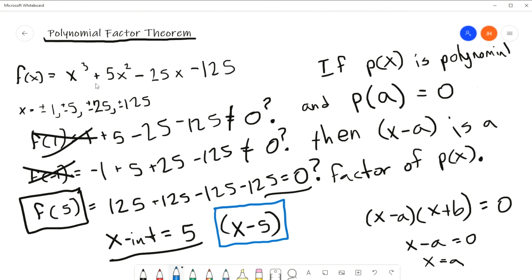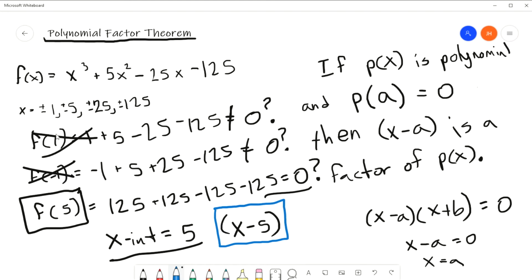So what's happened here, y'all, is that my polynomial factor theorem has allowed me to determine that one of these possible zeros was an actual zero of it, and it was 5. As soon as you guys find a single one of the zeros, I would suggest you stop. As you can see, the process of the polynomial factor theorem is a bit tedious, right?